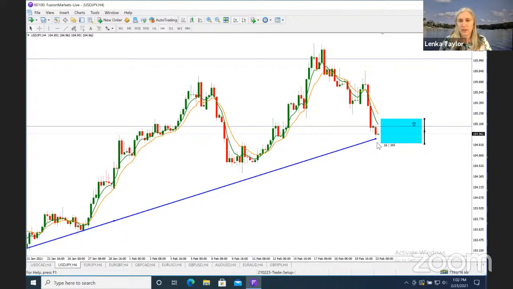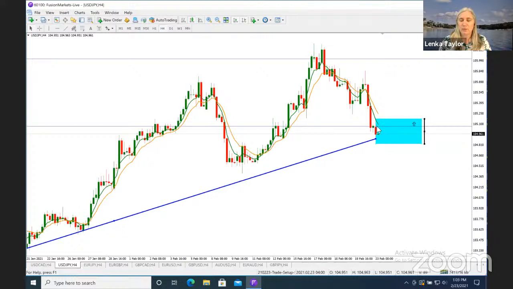I'm looking for any entry setup within this area here. So possibly not this bar, but maybe later on or tomorrow. Depends how it goes. Sometimes the price can go a little bit sideways before it turns around to go back up. And that's sort of what I'm looking for in this area.